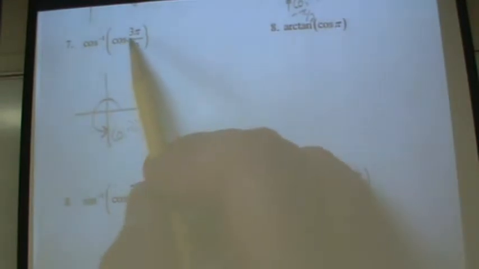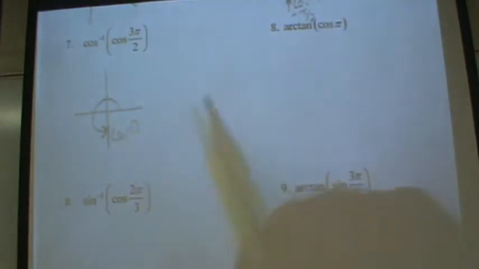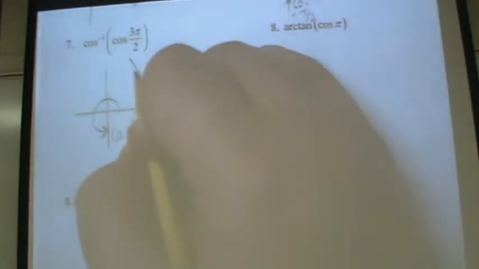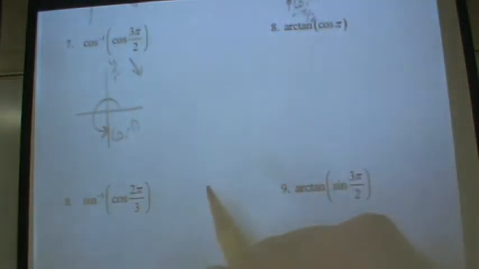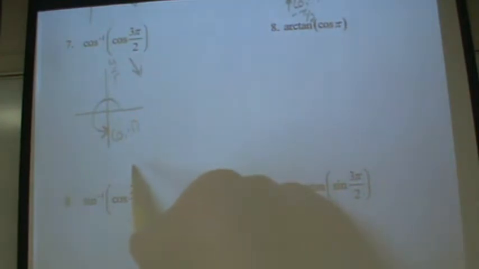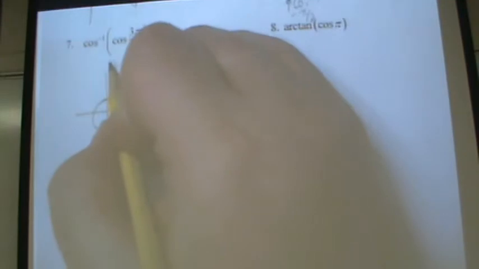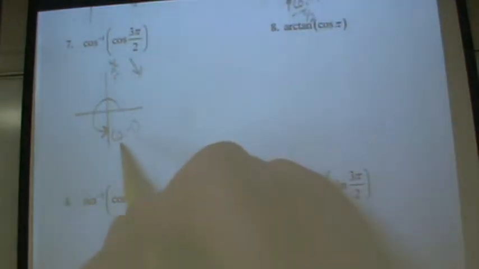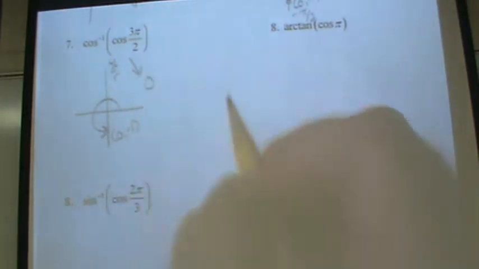So we need to find the cosine at that spot. So what's our cosine? Remember that cosine is y over r, 0. Right? No, cosine's x over r, sorry. Thank you, I appreciate that. Zero. So you're paying attention. So here, it's 0. So the cosine of 3 pi over 2 gives you a 0.